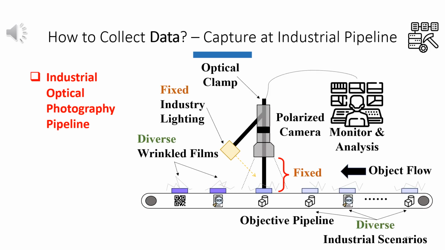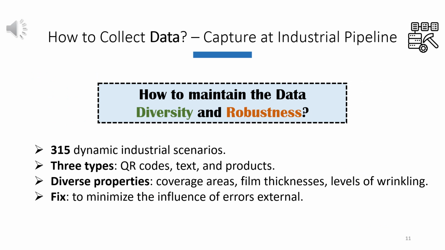We have also built an optical pipeline for capturing the dataset in the industrial environment. As objects traverse the objective pipeline, the polarizing camera captures images continuously. Subsequently, the acquired data is sent to the monitor for pre-processing. To build a diverse and robust dataset, we follow the rules in industrial manufacturing.